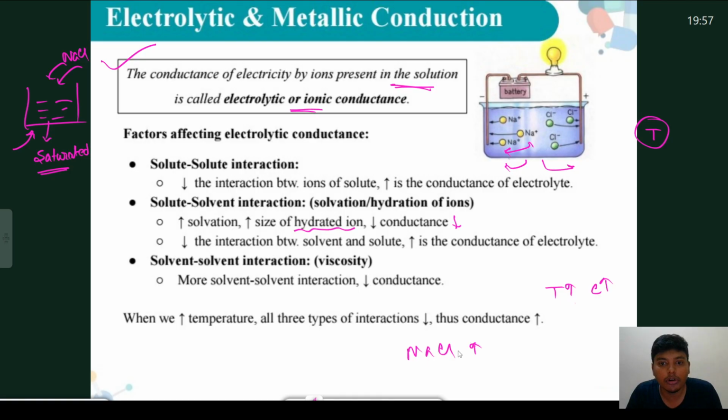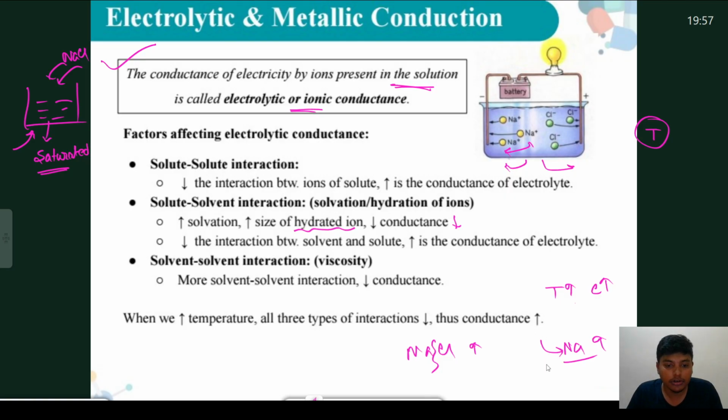If we heat it, more dissociation will be there, yes or no? More dissociation means more ions, and more ions means more conductance. But if you are heating normal sodium metal, what will happen? Inside, all the atoms will move together, so electricity will not pass properly. Clear? So that is the difference.